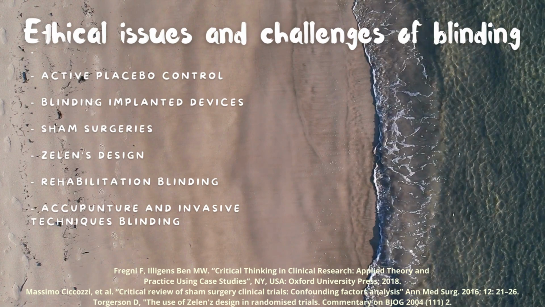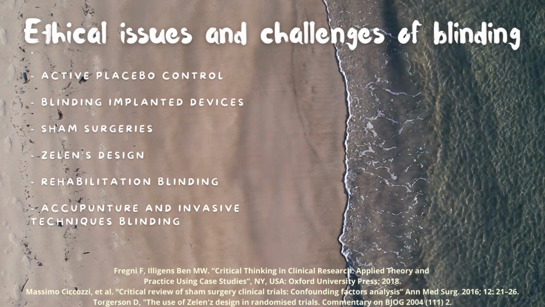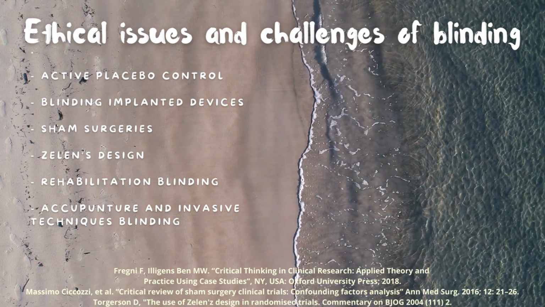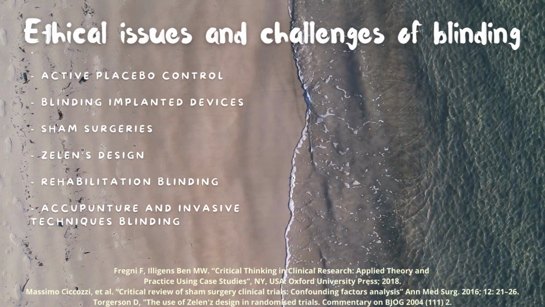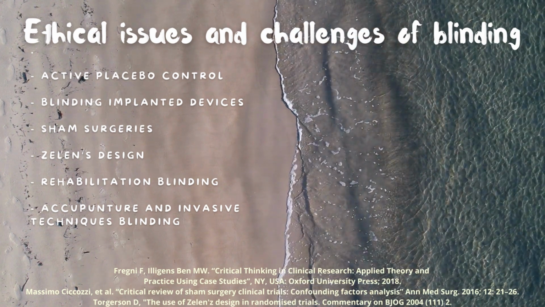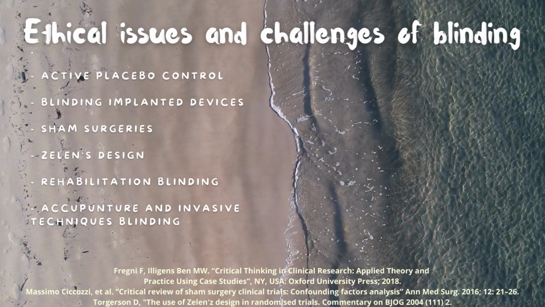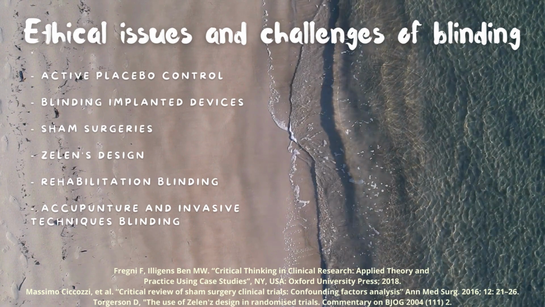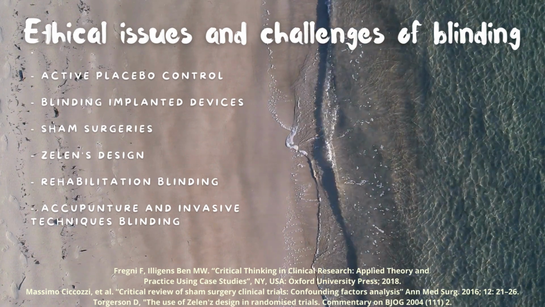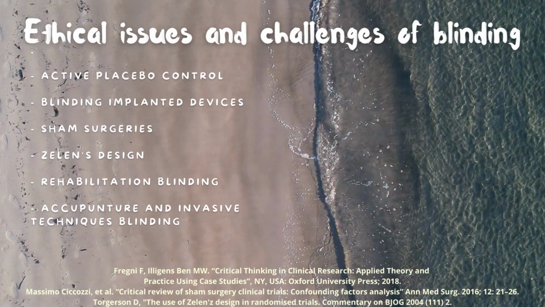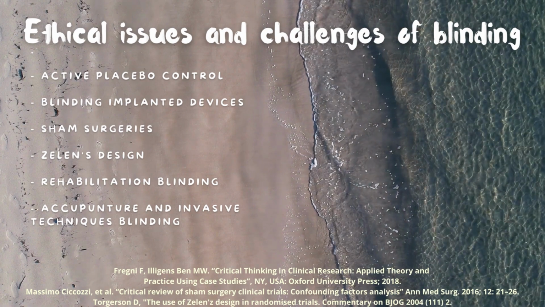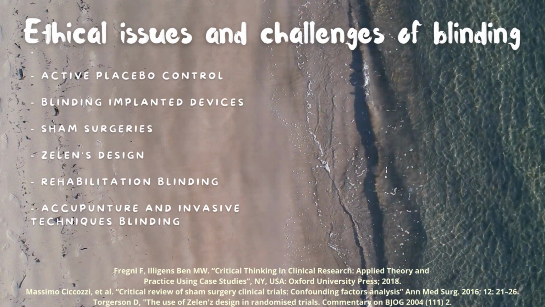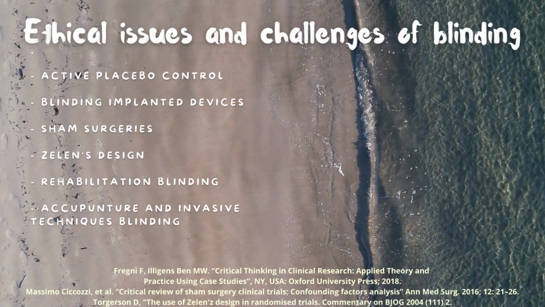This is controversial due to the focus on causing mild yet unnecessary undesired events in either healthy or diseased participants. Also, blinding implant devices is quite challenging due to the invasive procedure of implantation and the conventional functions of the device. It has been proposed to create an artificial, non-functional device as a control in study participants.